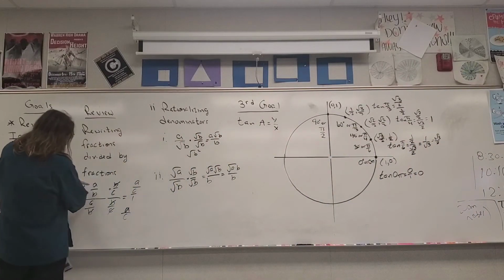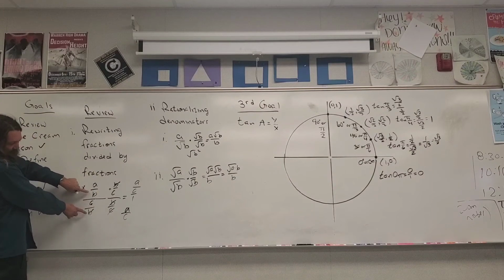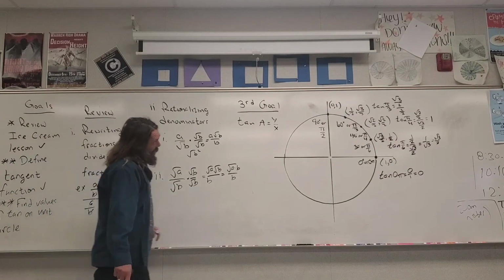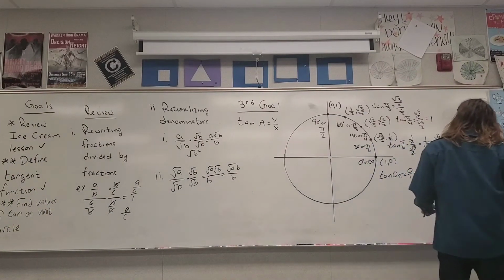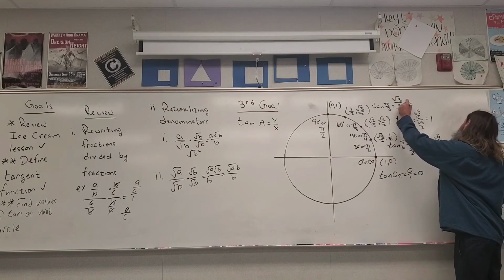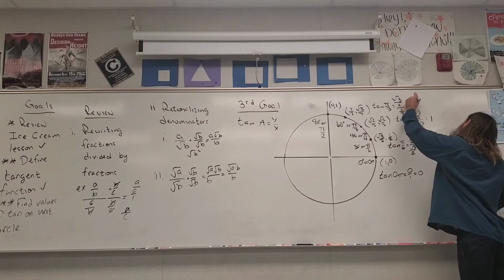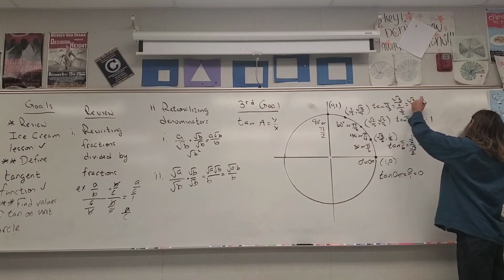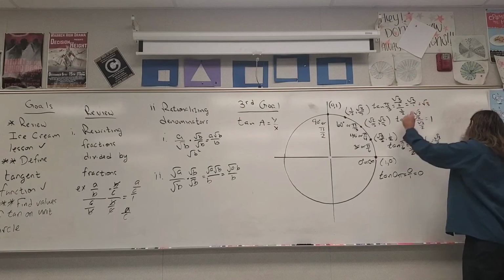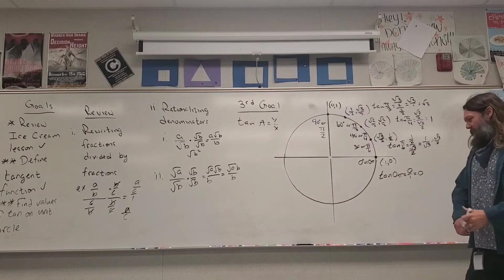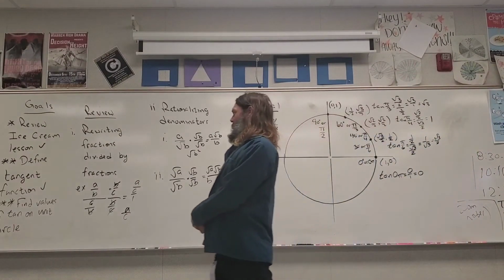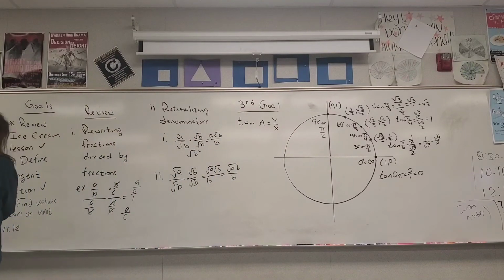So whatever is in my numerators of my fractions with the same denominators, I'm going to put that into my new fraction. And I get square root of 3 divided by 1, or just square root of 3. So again, this is how we find the value of the tangent on the unit circle.